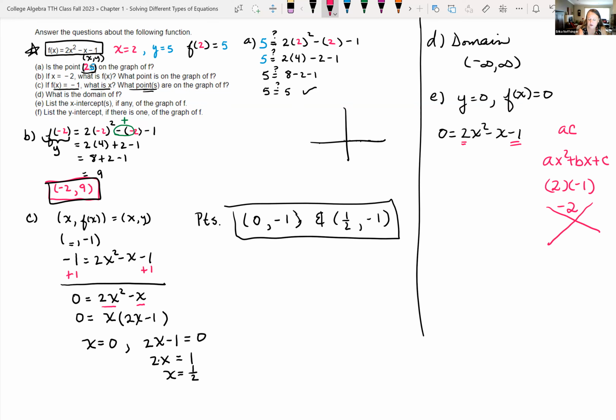So there are two numbers that multiply to -2, but would add to give me my middle coefficient, in this case of -1, my b value.